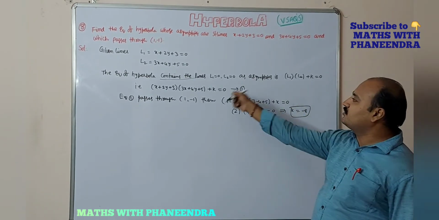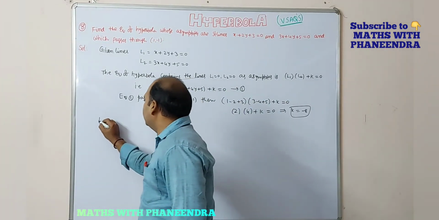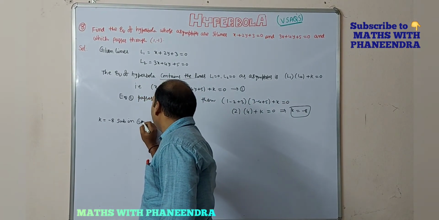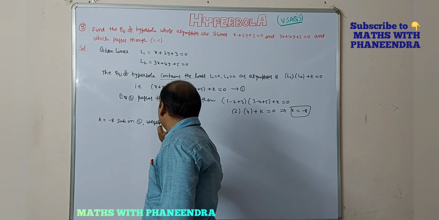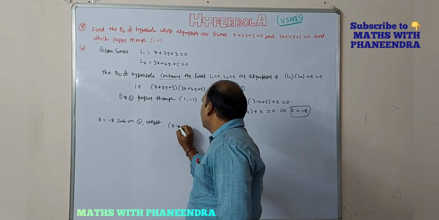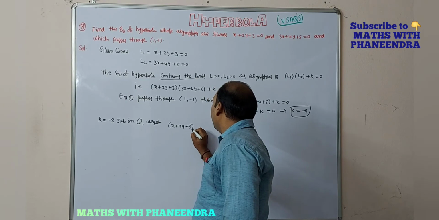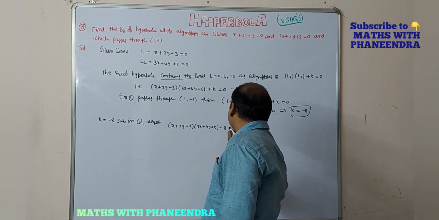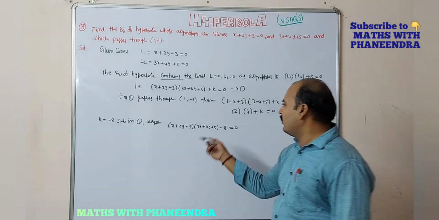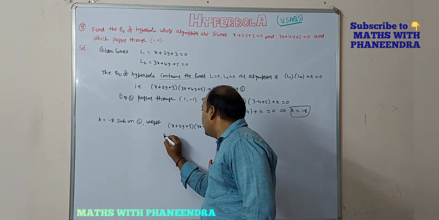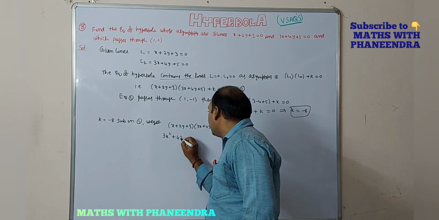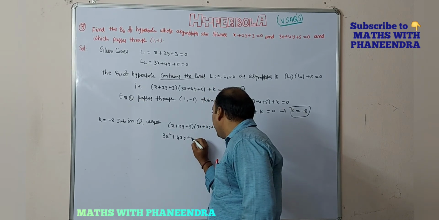Substitute this k value, k is equal to minus 8, in equation 1. We get x plus 2y plus 3 into 3x plus 4y plus 5 minus 8 equal to 0. Actual multiplication: x into 3x, 3x square, plus x into 4y, 4xy, x into 5, 5x.